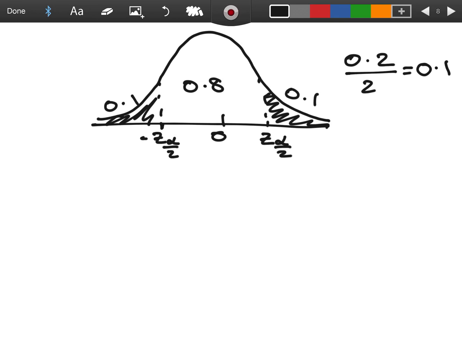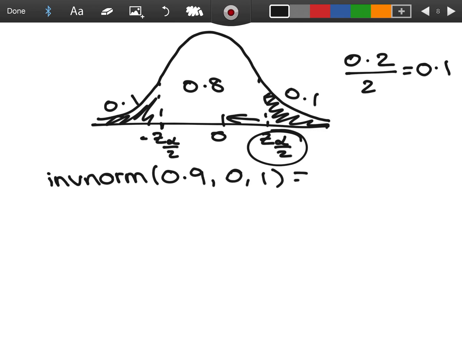So if I was trying to find z of alpha over 2, I could do inverse norm of, you could do either one. To find this one, my area to the left is 0.9 because it's 0.8 plus 0.1, mean of 0, standard deviation of 1.